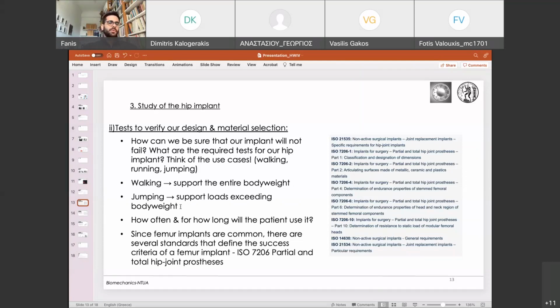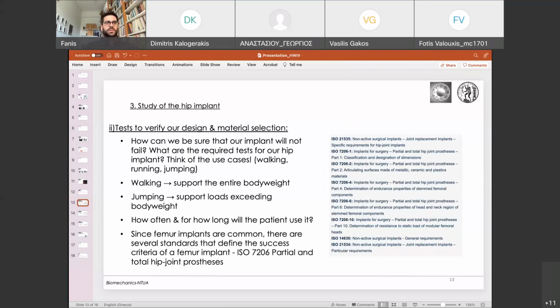For example, we might be very well in the elastic region for several kilos or several hundred kilos for our implant. But what happens if we have this loading over and over again, in many cycles? Those are things you have to consider.